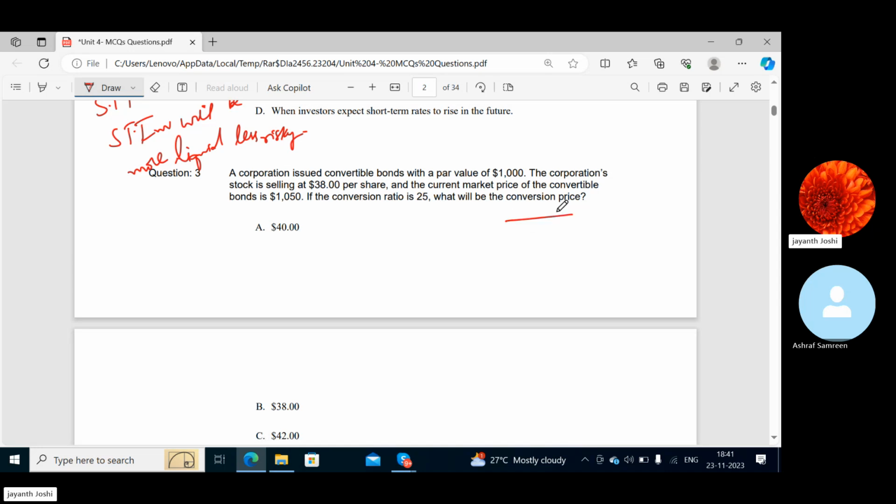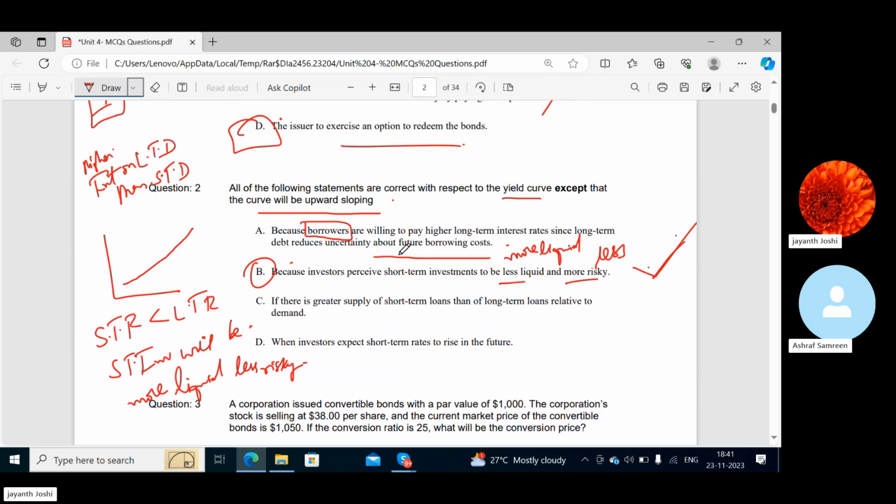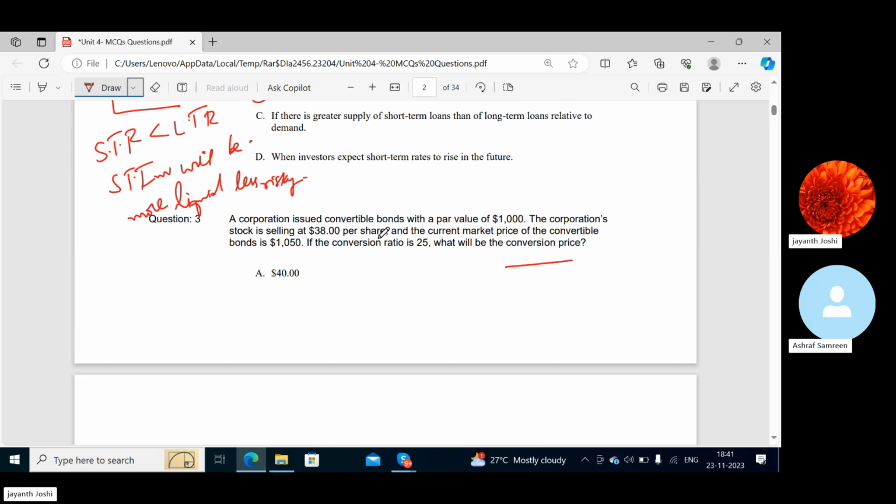Conversion price they are asking. So I will give the formula to you. Let's solve this. A corporation issued convertible bonds with a par value of $1,000. The corporation's stock is selling at $38 per share.